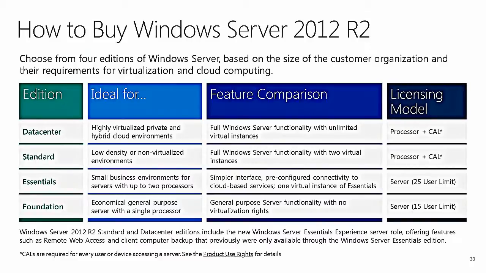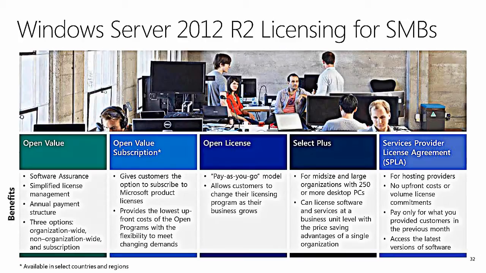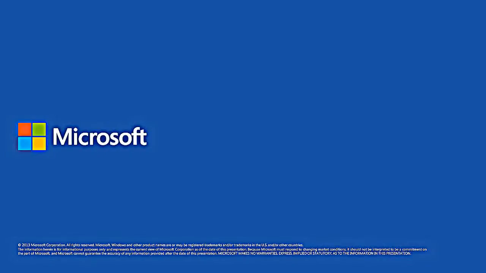This is mostly for your reference. We have a number of links around product and licensing resources, so please take advantage of those to answer any questions you have. And finally, we have a number of licensing programs that are appropriate for small and mid-sized businesses.